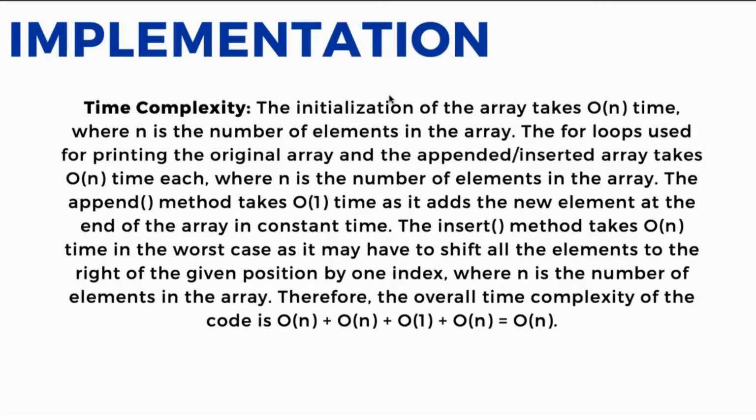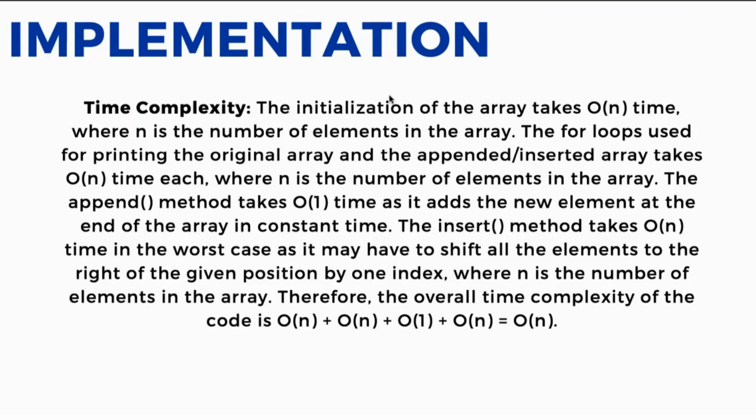Implementation. So let's talk a little bit about the time complexity. The initialization of the array takes O(n) time, where n is the number of elements in the array. The for loops used for printing the original array and the appended and inserted array take O(n) time each, where n is the number of elements in the array.